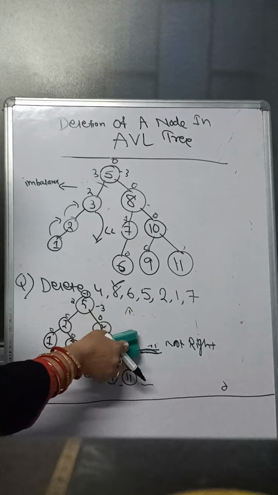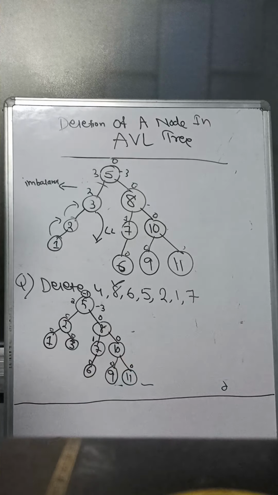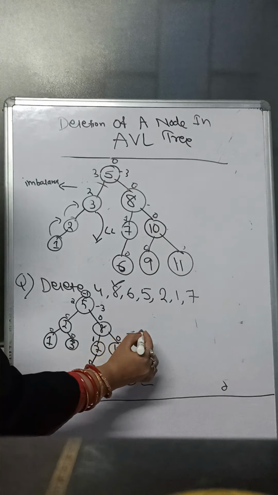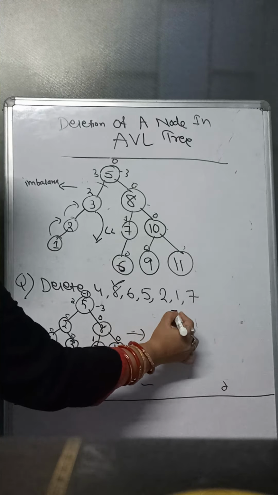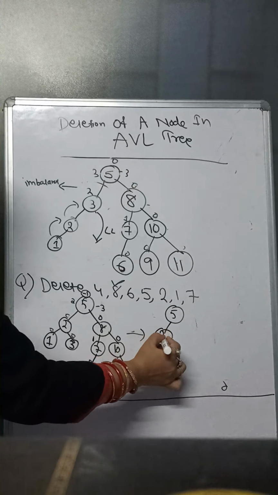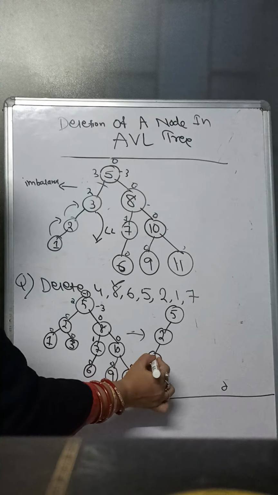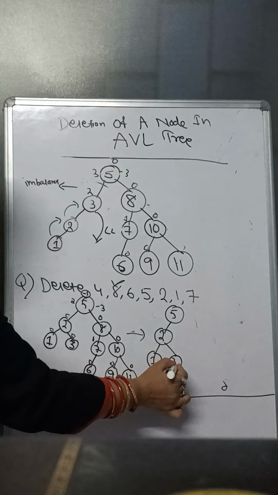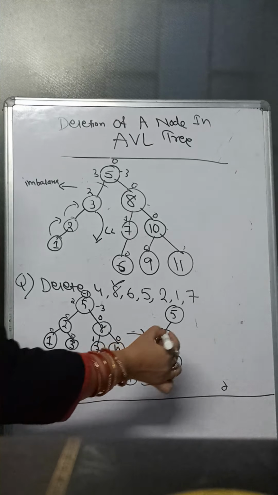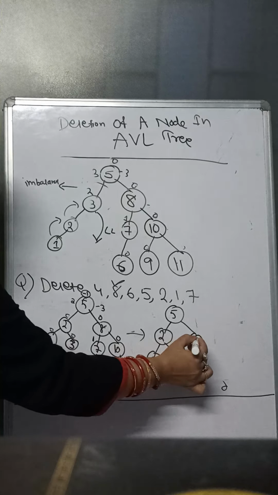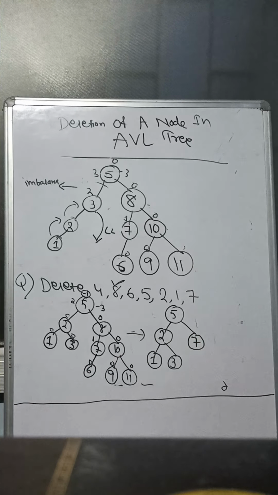Okay, so what I will do here, I have to delete 8, okay, 5, then 2, then 1, then 3, place these accordingly. Then I have to delete 8. So now 7 will take your 8th position.